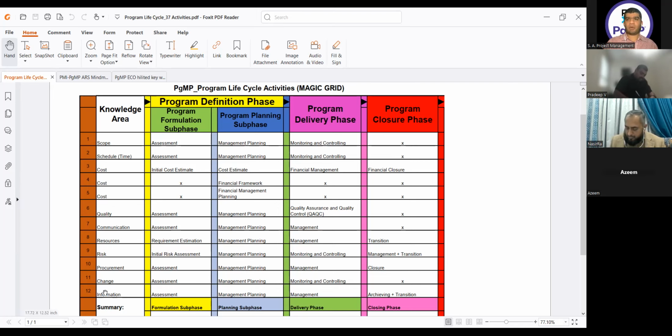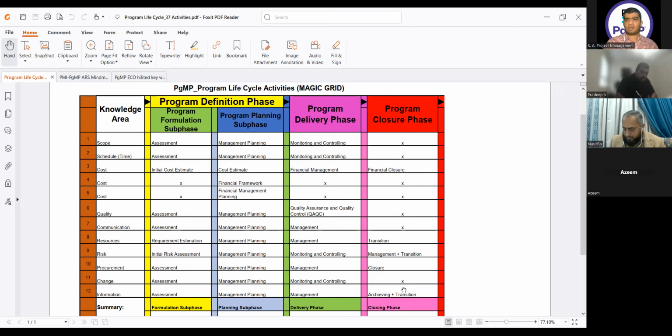And the last is information. In the formulation phase is assessment, then we have management planning, in the delivery phase we have management, and in the closure phase we have archiving and transition.